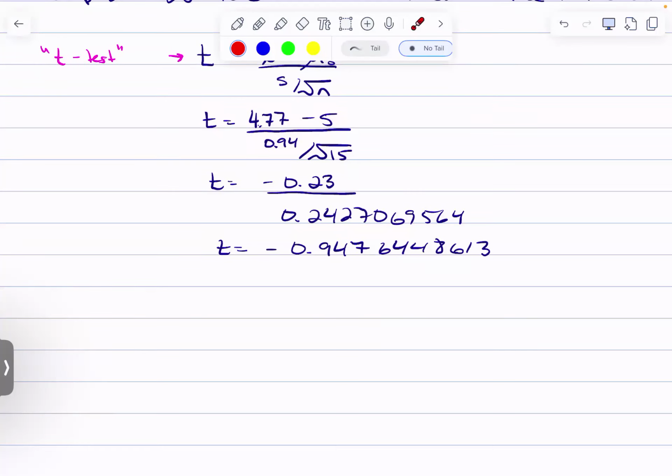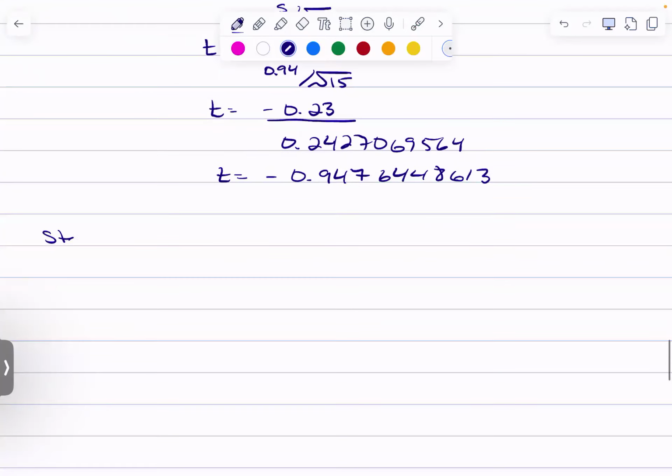Even using our Zs, which are going to be the strictest in this case compared to Ts. Ts have a little bit more wiggle room, especially at small sample sizes, right? And so we definitely don't expect to reject H0 because I'm kind of hovering around the hypothesized mean.